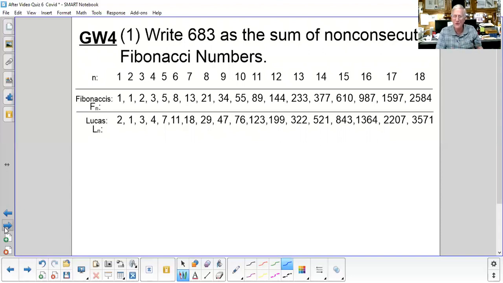So if you can print those, if you can't print them, then just look at them on the screen on your computer, and do the work on a separate sheet of paper, and just take a picture of it and send the pictures to me. And remember, you send them to my cell phone, which is the 866 number, okay?